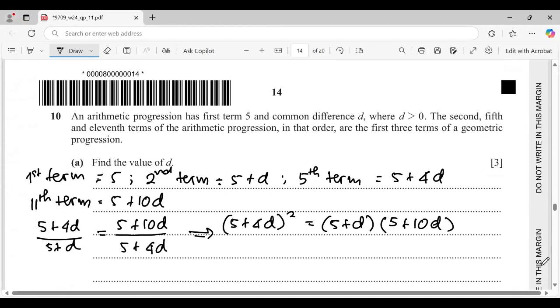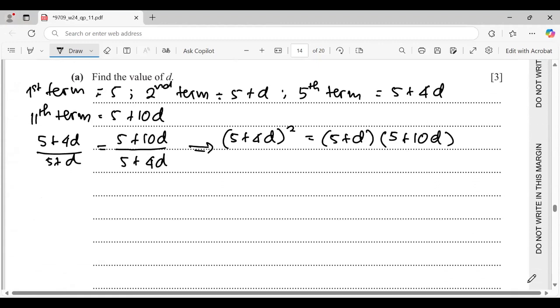So it becomes 5 plus D plus 5 plus 4D squared. It becomes 25 plus 40D plus 16D squared.